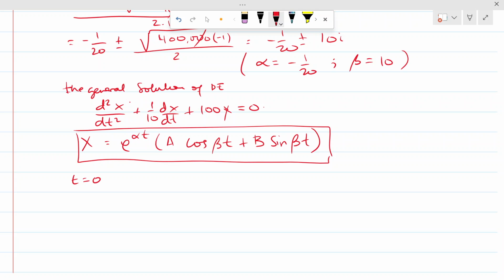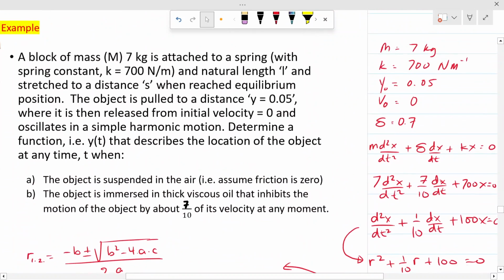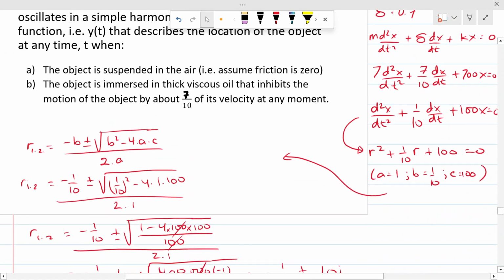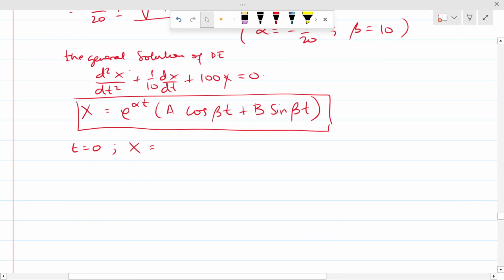So at time 0, the initial position x is given as 0.05, because I used the letter y there. You can plug this into the equation: 0.05 equals e to the power of alpha t at time 0. E to the power of 0 equals 1.